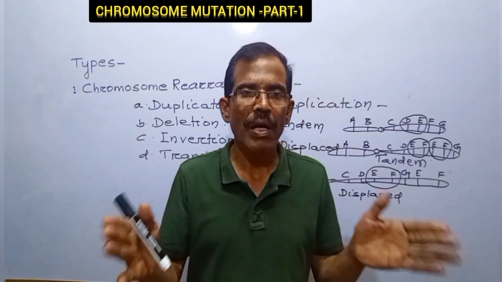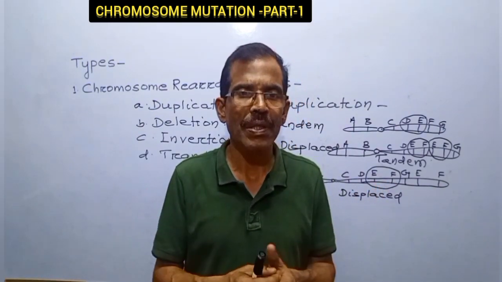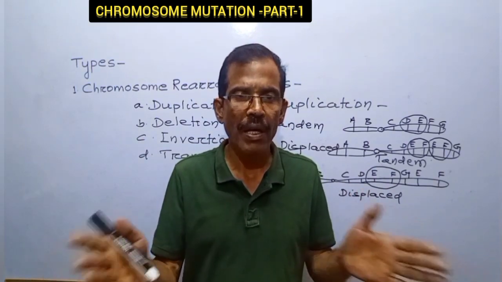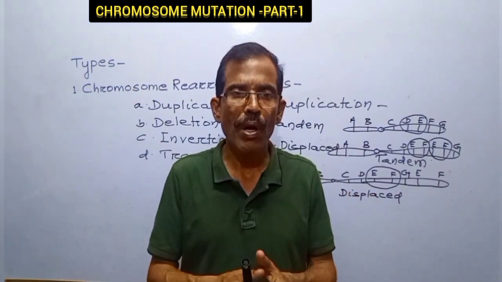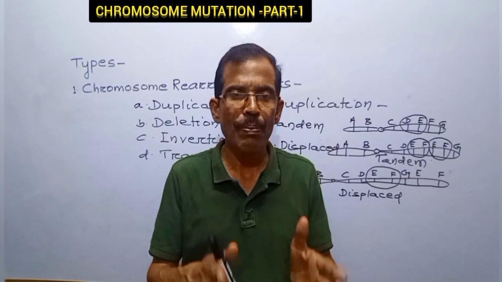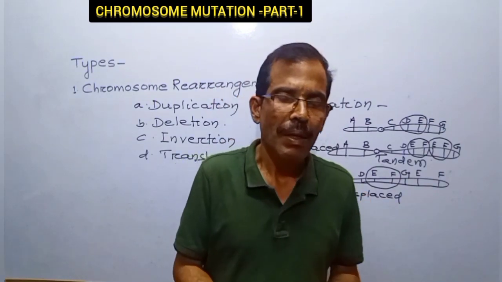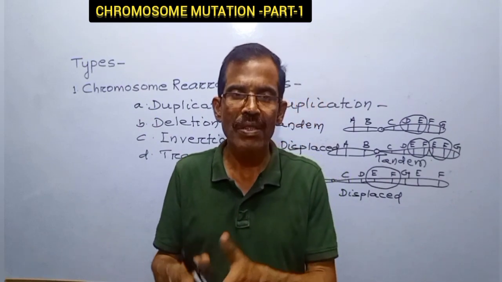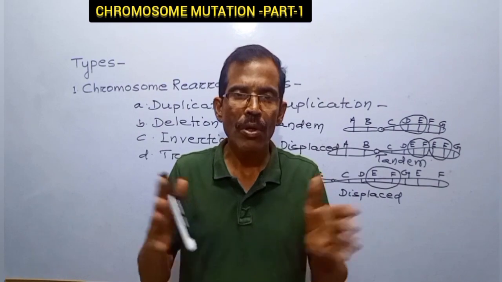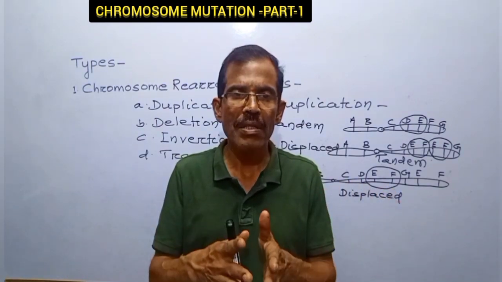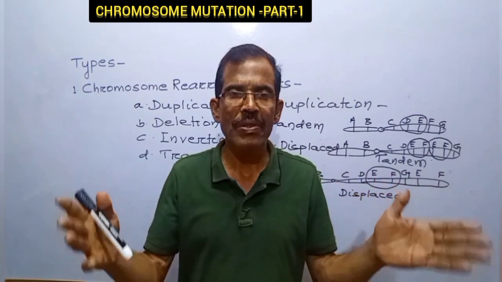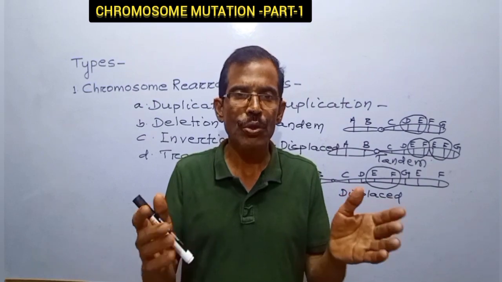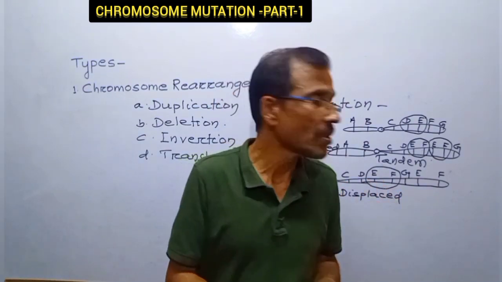When an individual is homozygous for a duplication, then because both the homologous chromosomes of a pair carry the duplication, no problem arises during pairing in prophase 1 of meiosis. But in case of heterozygote, because one chromosome is normal and the other homologous chromosome of the pair carries duplication, loop formation takes place during prophase 1 in meiosis in order to ensure pairing between two chromosomes.